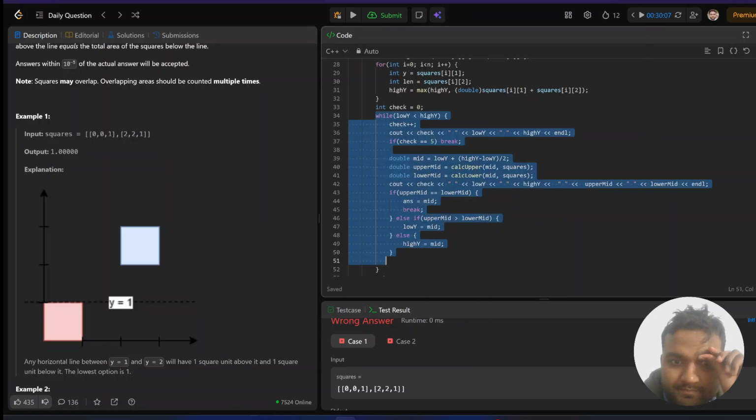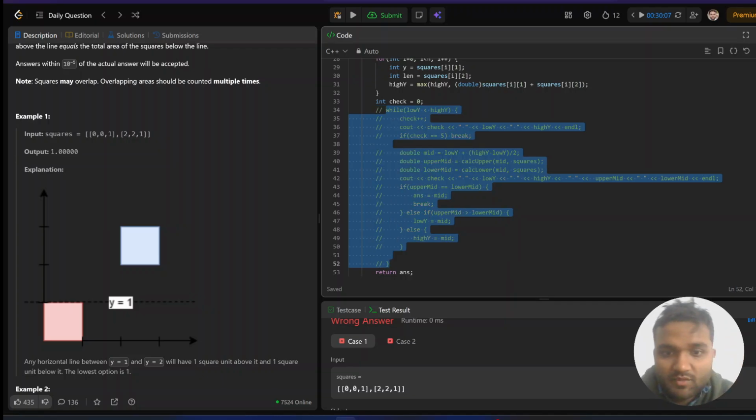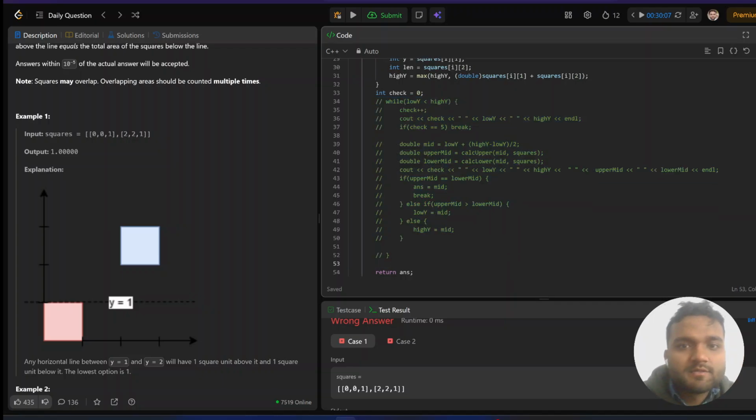Okay, we have to make sense of this. Just call this calculate. Print out this calculate upper with mid and here mid.